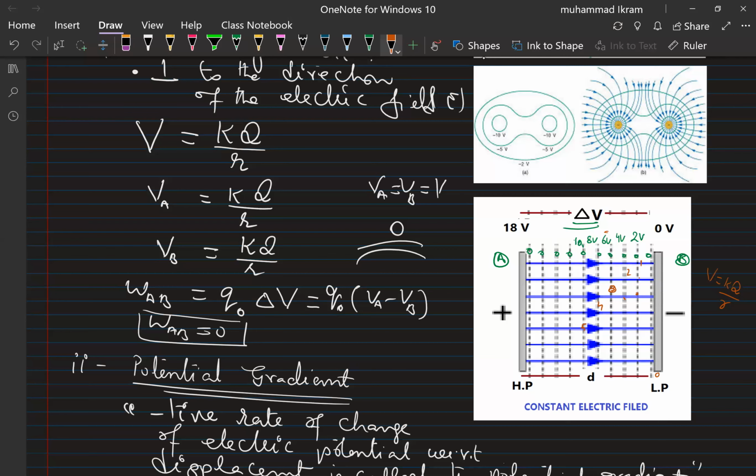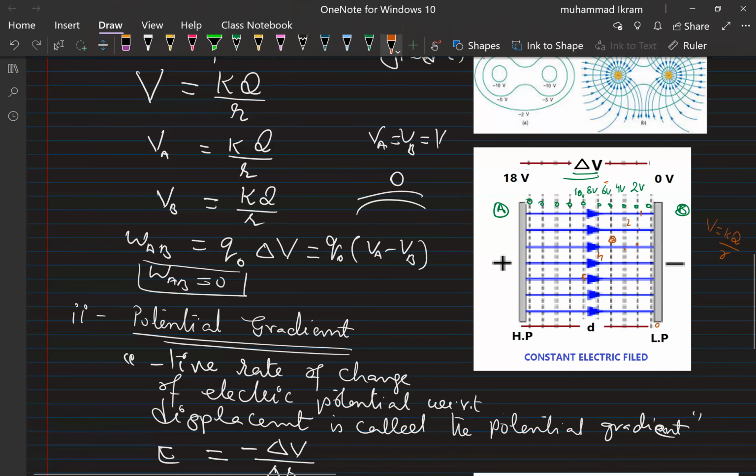For the constant electric field, these are the equipotential lines. So we can draw the equipotential lines for the electric field line or intensity for the oppositely charged parallel plates.